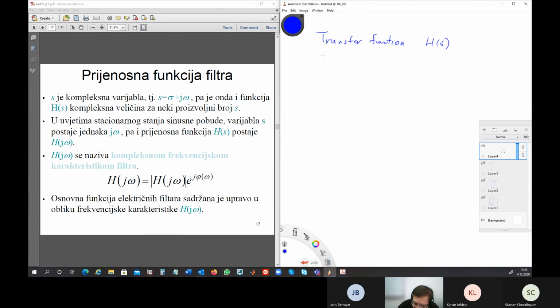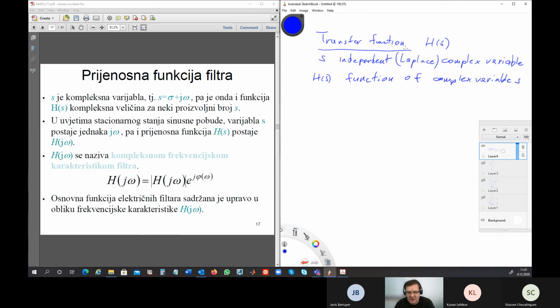S is the independent Laplace complex variable, and H of s is a function of the complex variable s.